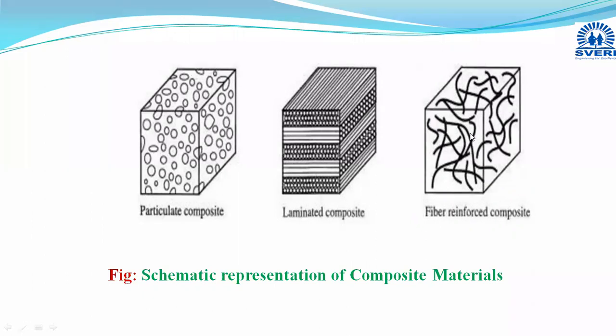Due to the addition of these high strength fibers in the soft and ductile matrix, the overall strength of this material will get improved, resulting in better strength, high stiffness, and high fracture toughness.